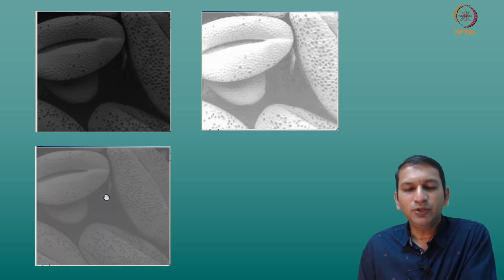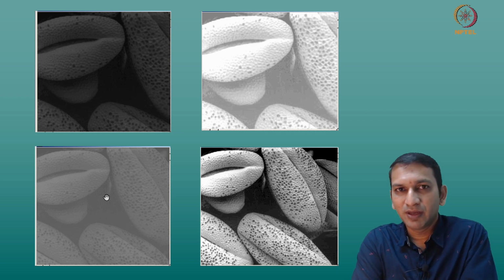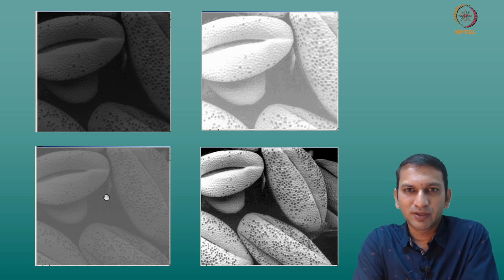Now, let's look at the following images. If we were to look at these four images and ask which of them has visual quality appeal, clearly the one at the right bottom trumps everything else.